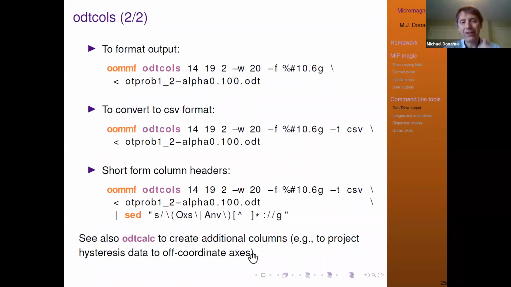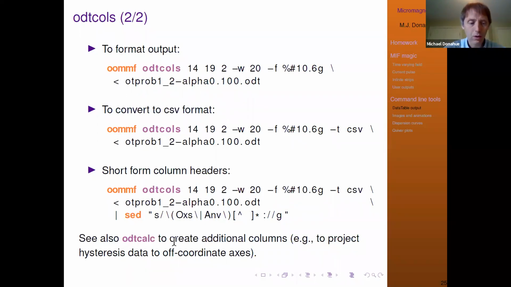So you can use this to add columns. For example, if you're running a hysteresis loop and you have a field which is applied off axis and you want to know what the magnetization is projected to that axis, you can use ODT calc to do that. It uses Tcl expr commands to combine columns as you wish.